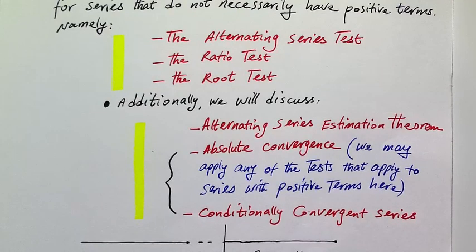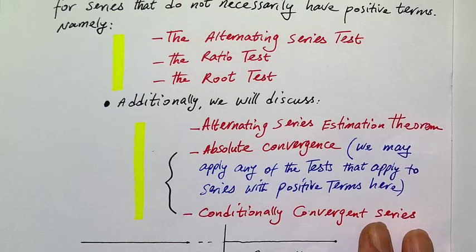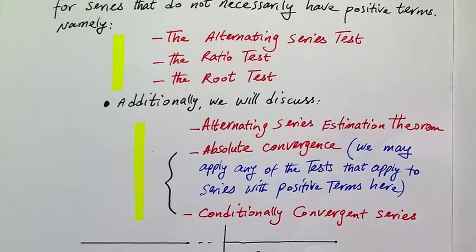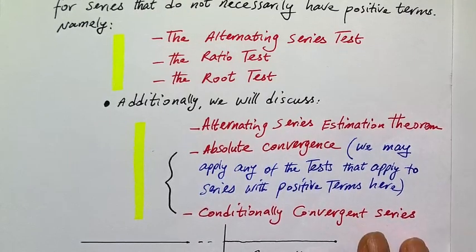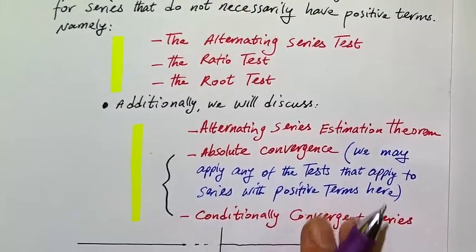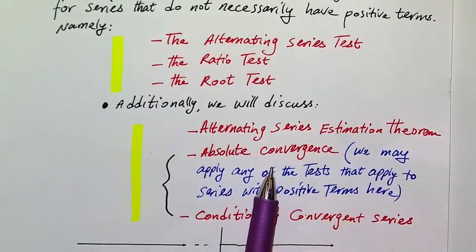Now, when we have an infinite series, that is a sequence with an infinite number of terms, and we want to find the sum of a convergent series, we're still approximating, right? Because we have infinitely many terms, it's impossible to add infinitely many terms. So even though we have methods for summing infinite series, it's still an approximation.